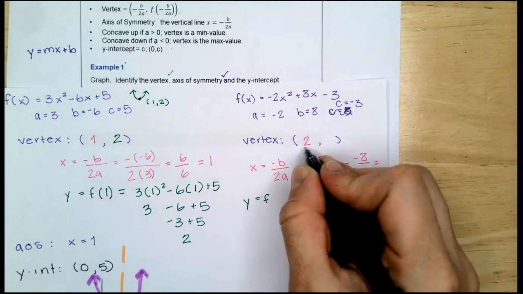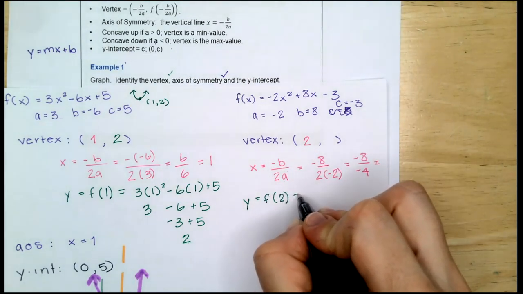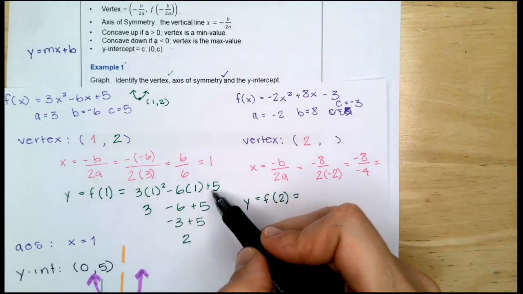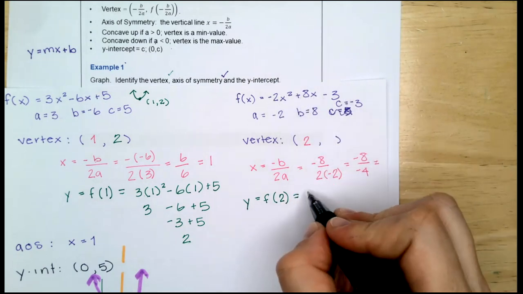is f of negative b over 2a. Negative b over 2a is 2. f of 2 is, we're doing negative 2, 8, and negative 3.